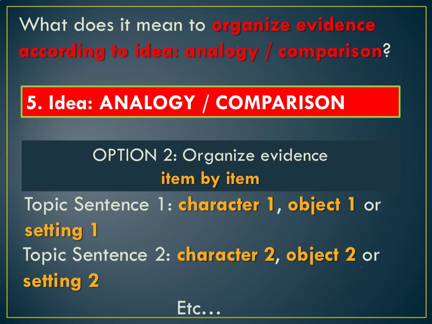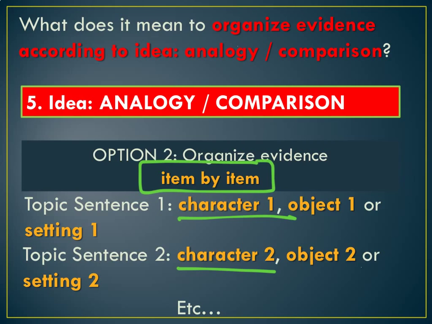Another option is just simply to organize item by item, so that in the first topic sentence, let's say, you can organize according to one character, and in the second topic sentence you're going to organize according to a second character. So let's say you're comparing Telemachus and Antinous.